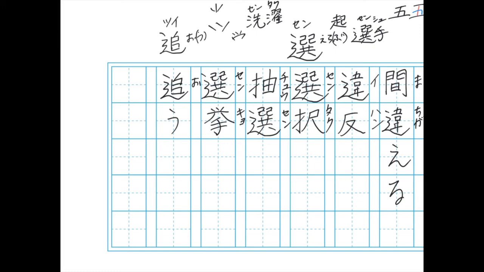The next jukugo is 追加. 追加 means to add on. For example, if you want to add on to your order, let's say you finished ordering everything and the waitress has already taken your orders, but you want to add on, this would be the add-on. 追加注文, 追加料金とか additional charge or fee.